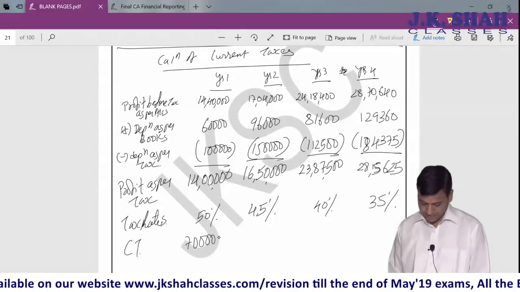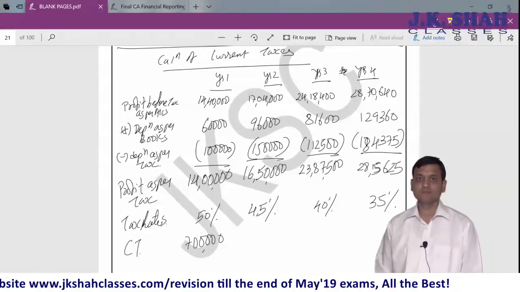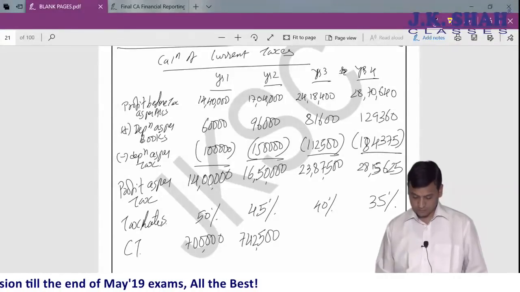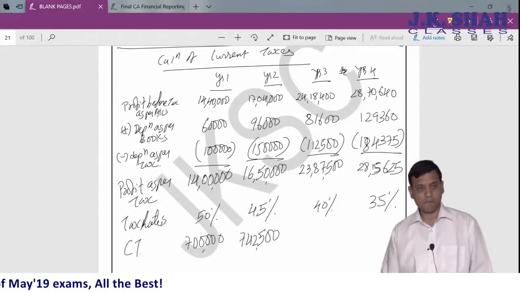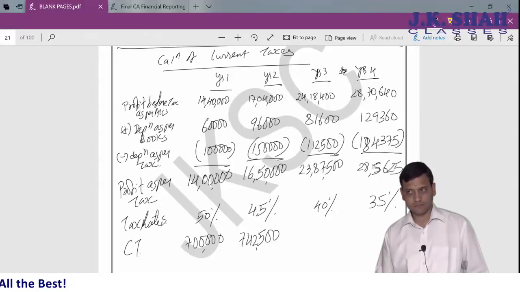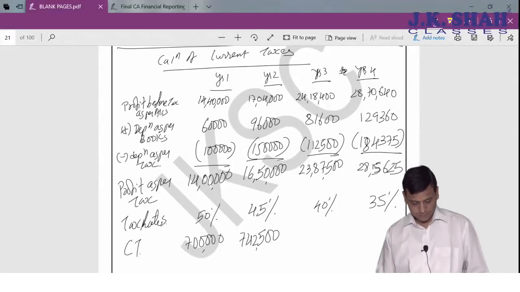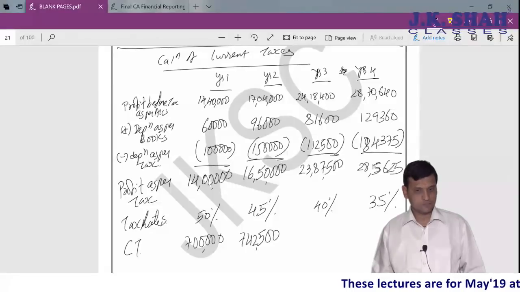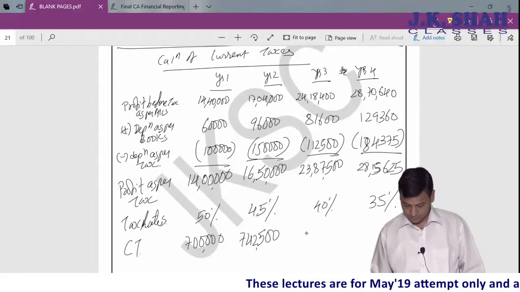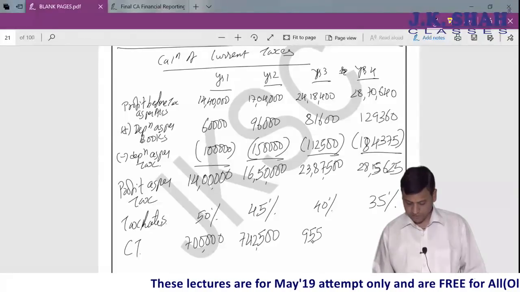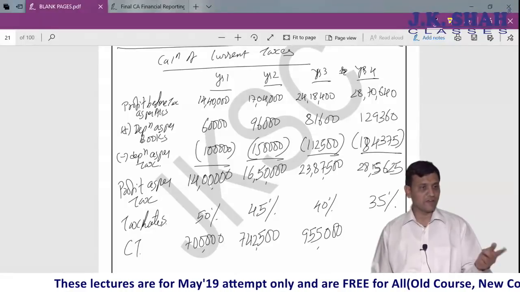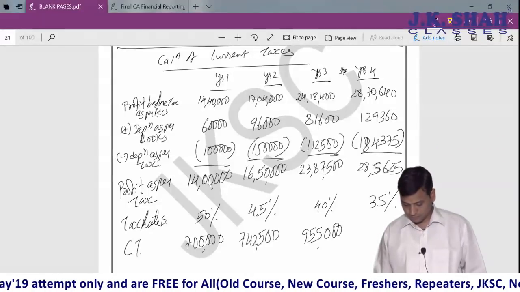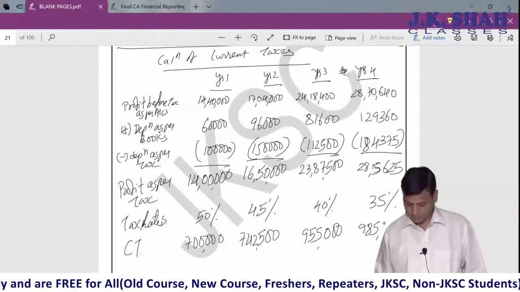So, here my tax will be 7 lakh. 9 lakh 50. Exact. Are you verifying now? 955. 460.